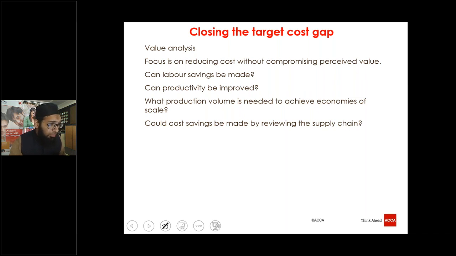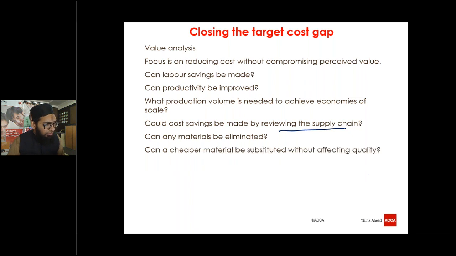Can the productivity be improved or not? How can we achieve the economies of scale? We can also reduce the cost by reviewing the supply chain. We can also see whether any material can be eliminated or not. Or whether a cheaper material can be substituted without affecting the quality or not.